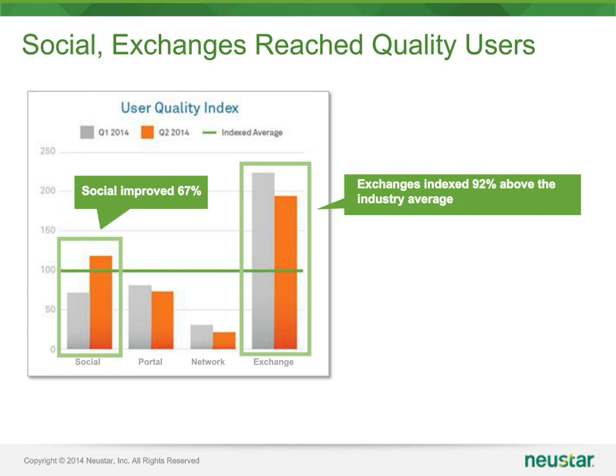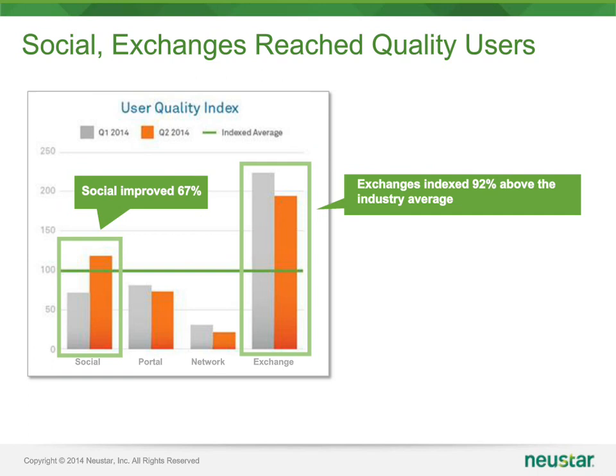Again, social continues to improve quarter over quarter, and we saw quite a large increase in impression volume that was served, and in the frequency that can be delivered against those users because of the high engagement.